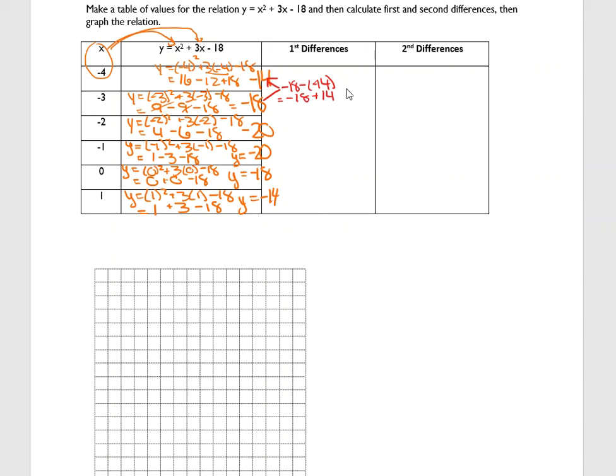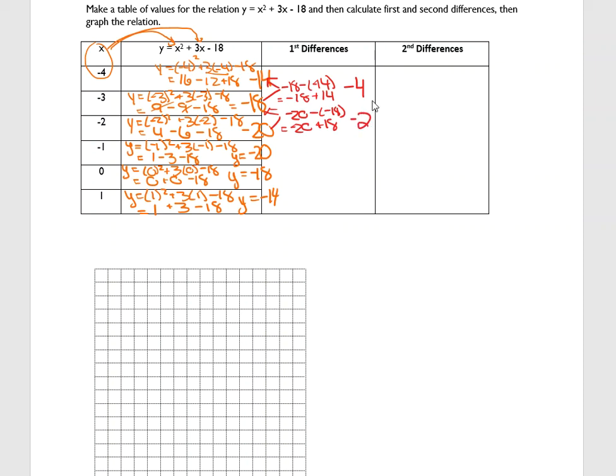So I'm going to get my first difference is a -4. Now let's do our next pair. That's -20 subtract -18, which is -20 plus 18. That's going to give me a -2.